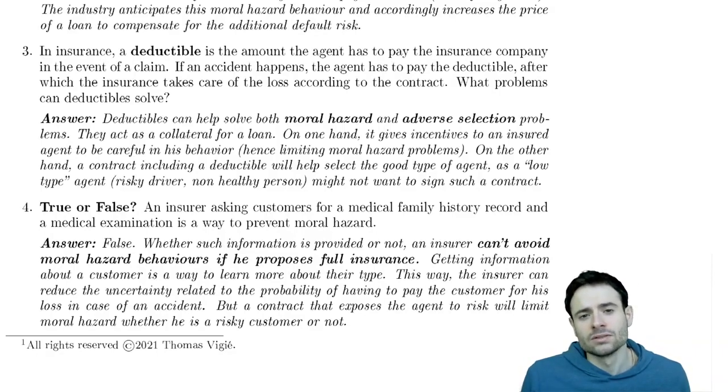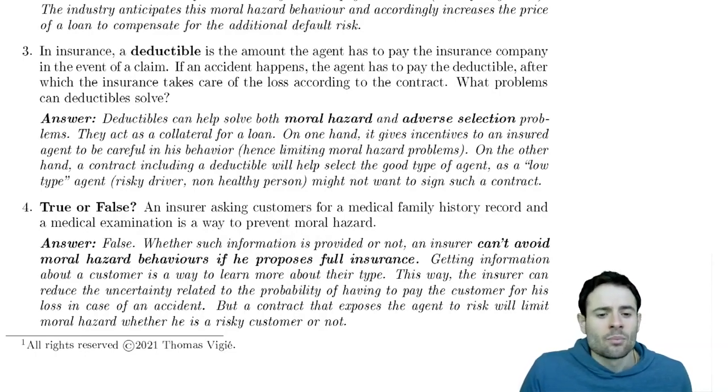Well, it cannot. Remember that moral hazard happens ex post, after signing the contract. Once the contract is signed, if the contract is pretty safe, the agent will engage in moral hazard behaviors whether he provided a lot of information or not to the insurance company.